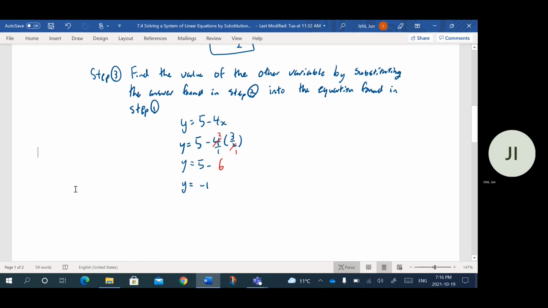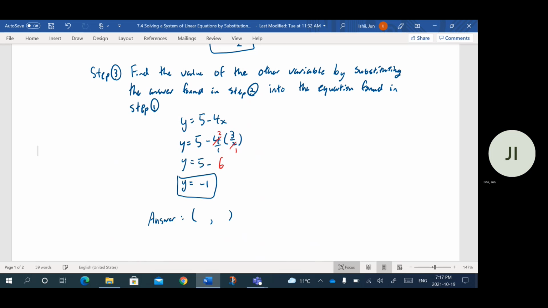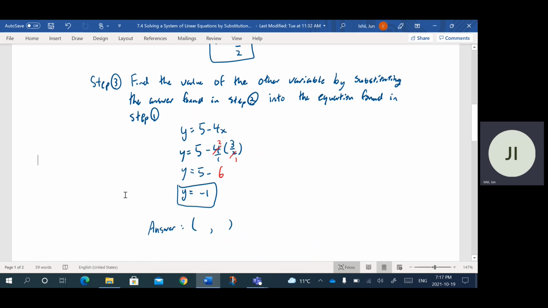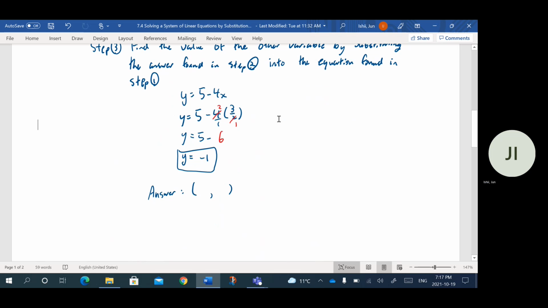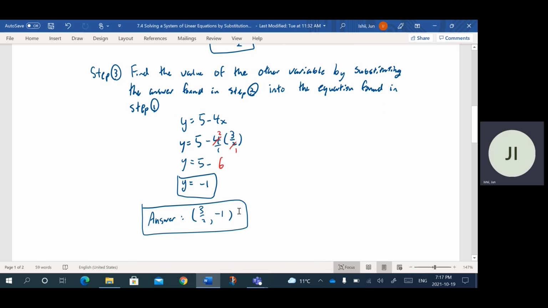So now we can answer as what we call an ordered pair, x and y. The x was 3 over 2, and your y value here is equal to -1. So this is the solution. All right, cool, so that is the answer.